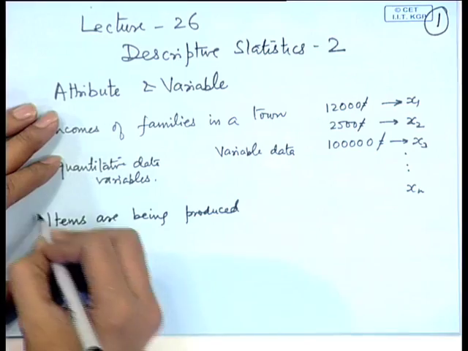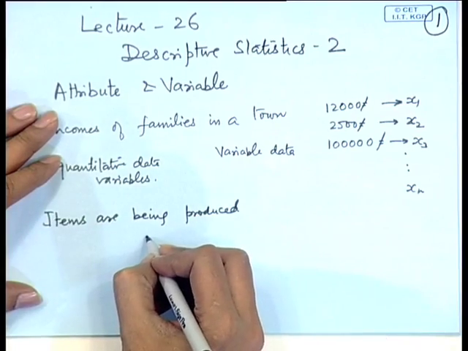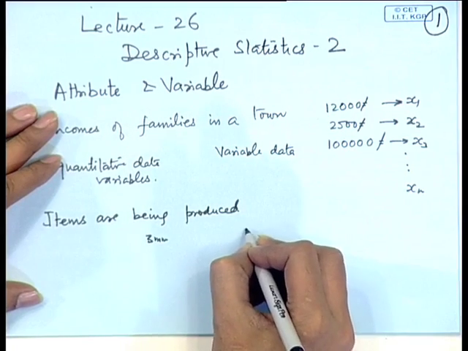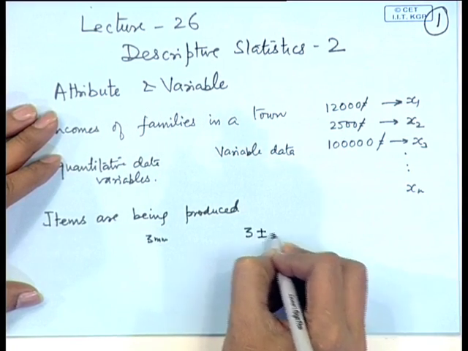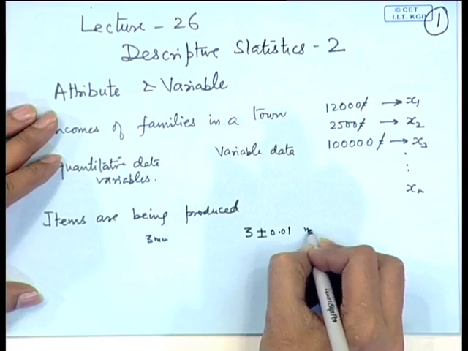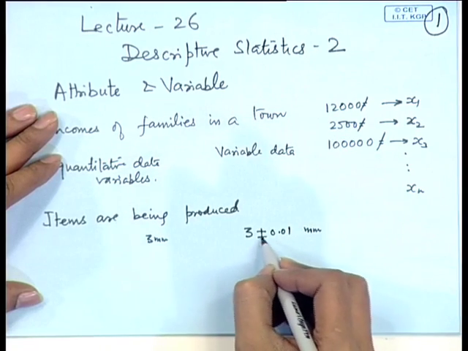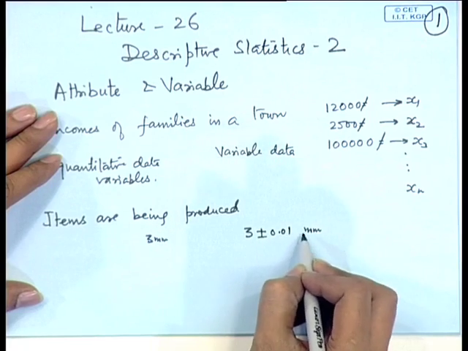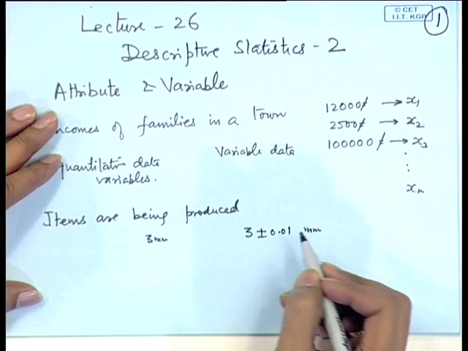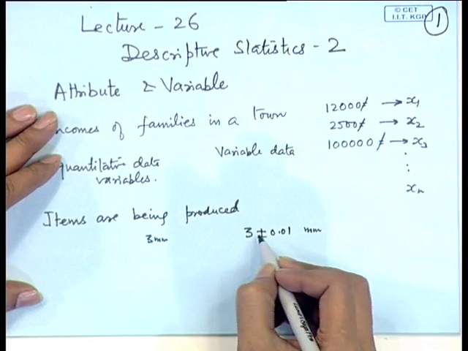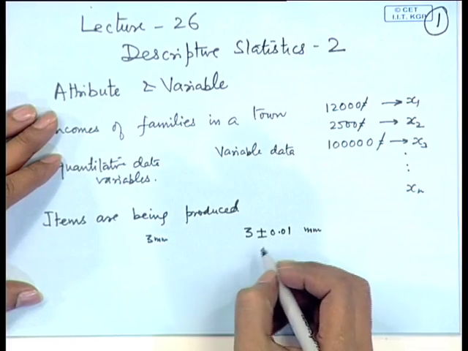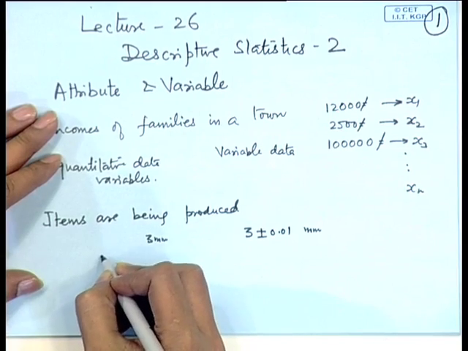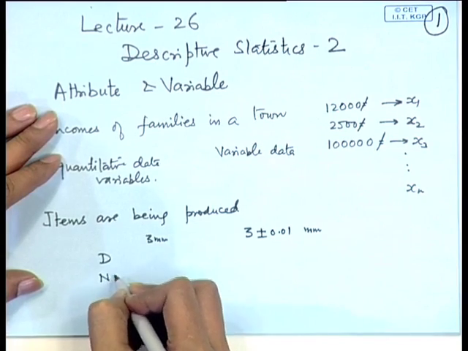For example, if the average diameter is say 3 mm and we may specify the limits as 3 plus minus 0.01 mm. So, if a bolt produced has a diameter between 2.99 mm to 3.01 mm, it is considered to be all right, otherwise it is said to be defective. However, the inspector reports an item to be defective or non-defective.